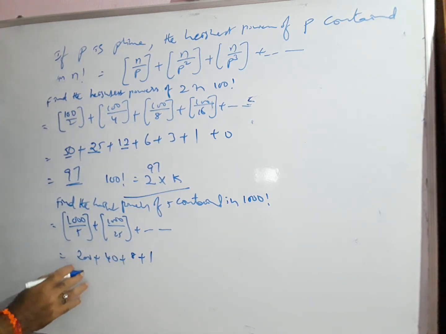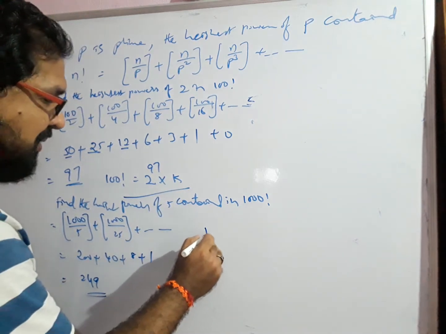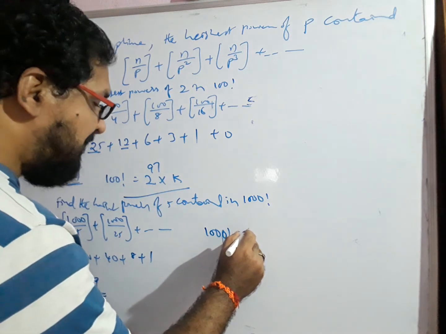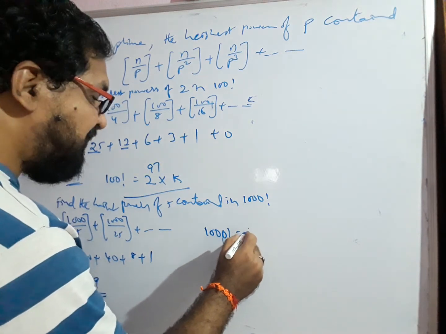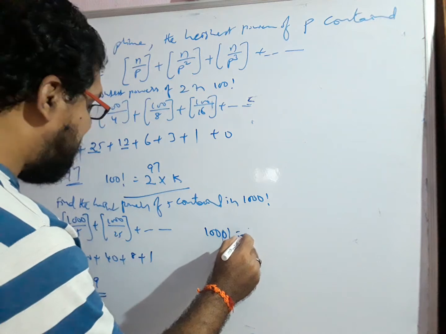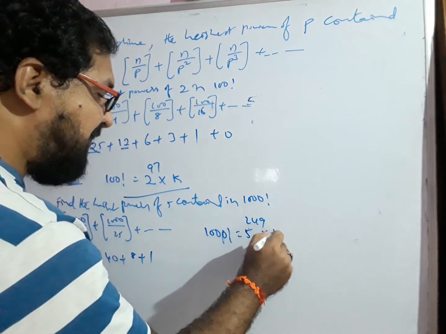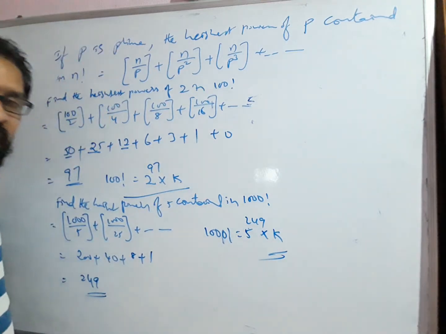So nothing but 200 plus 40 plus 8 plus 1, that is 249. So 1000 factorial is equal to 5 power 249 into k.